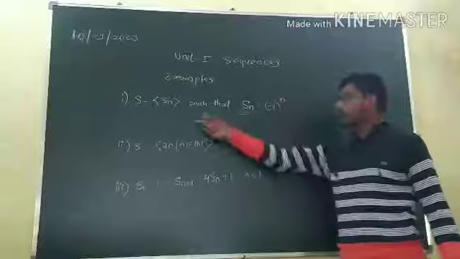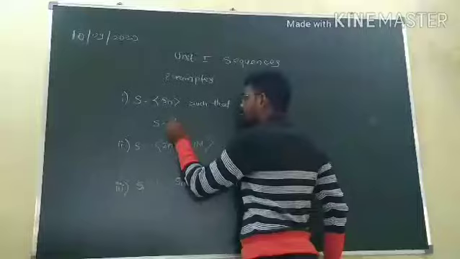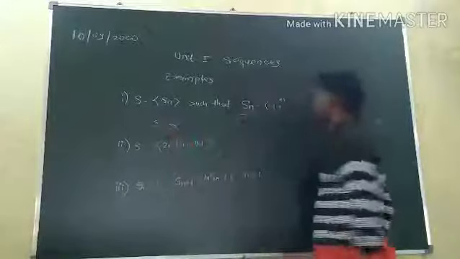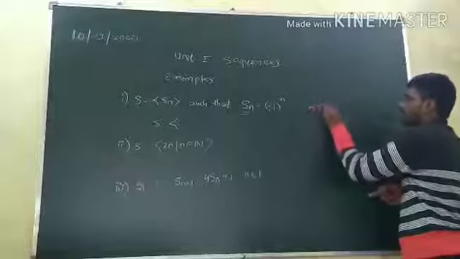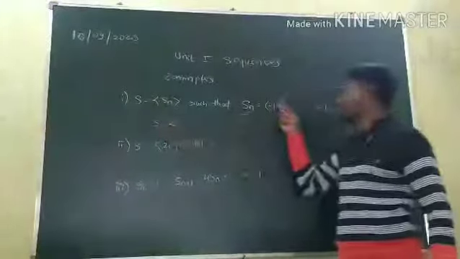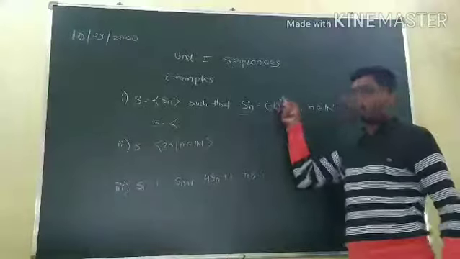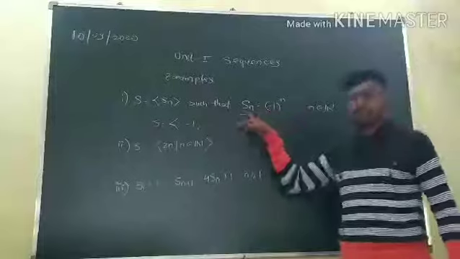So we will try to list the elements of the sequence. S is equal to the sequence. Here n is nothing but natural numbers, 1, 2, up to so on. So we will get the sequence. Put n is equal to 1 first. So minus 1 raised to power 1, which is minus 1. Next, put n is equal to 2.